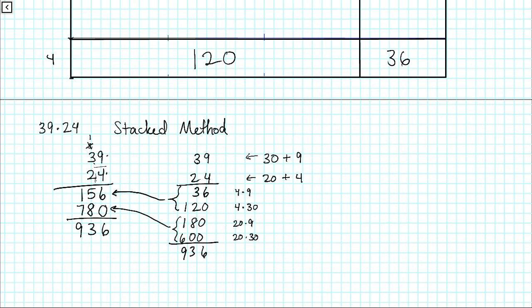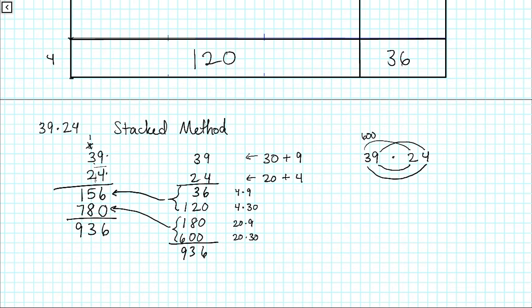And in general, you can see if I do 39 times 24, I'm basically multiplying each of the pairs of digits. And so this is 30 times 20 is 600.